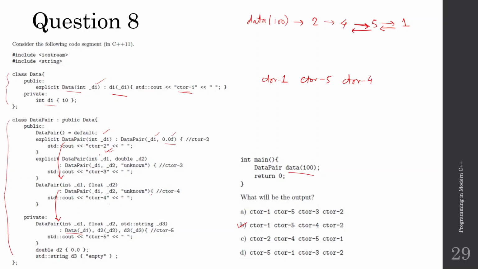And then again it will go to 2, and finally 2 will finish its initializer list, and it will run the function body. So this will be the output, and this is option B.